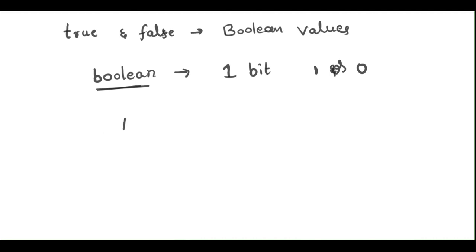For example, I just declare boolean isEnabled is equal to false. It's like enabled or not enabled, so we have to indicate true or false. For that, we are using the Boolean data type and the size is 1 bit.